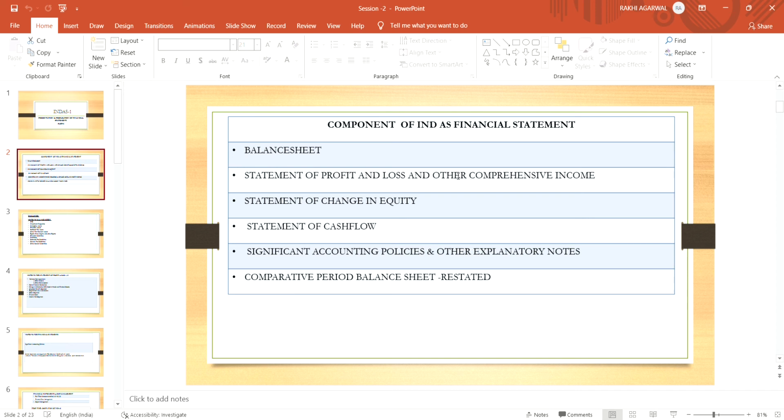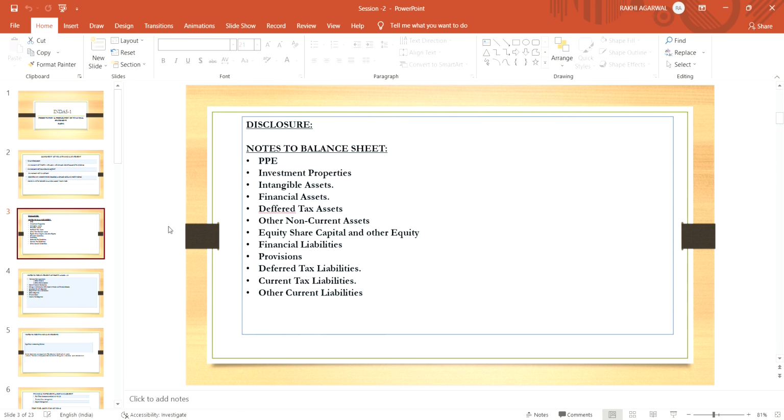But in Ind AS financial statements, we will also make the other comprehensive income, the statement of changes in equity, and the comparative figures which we state in the balance sheet, which are also restated. And if we adopt Ind AS for the first time, we will make three balance sheets.